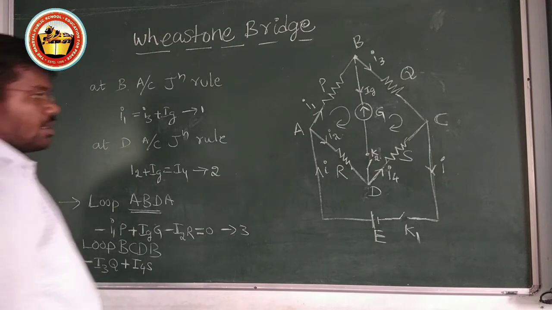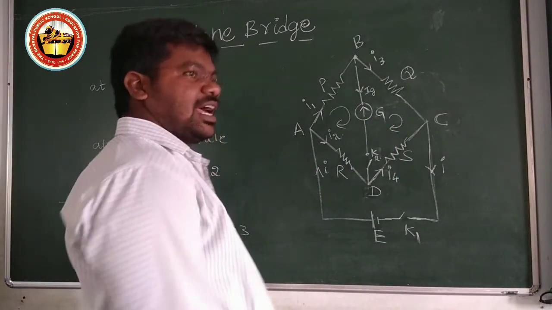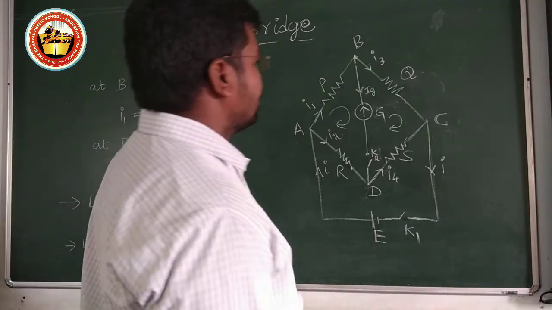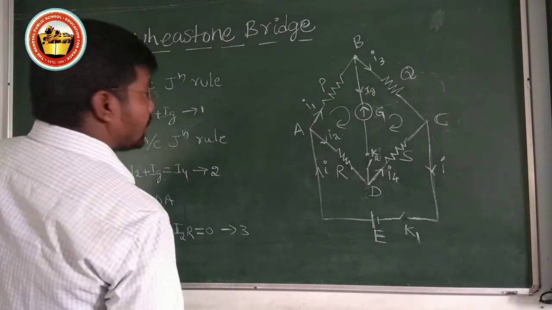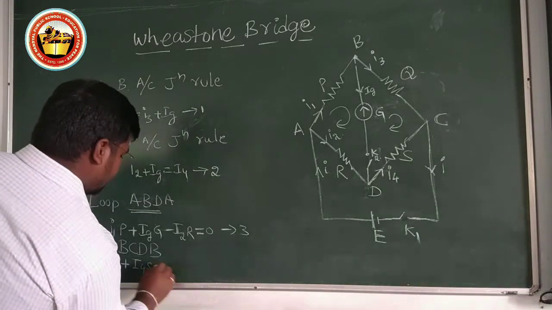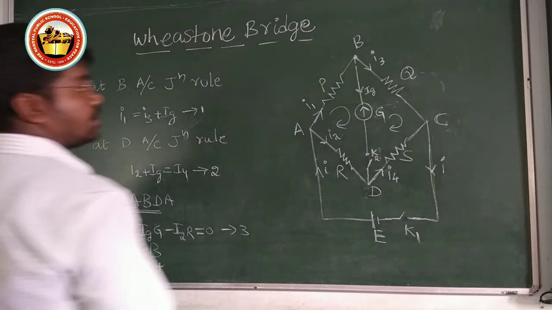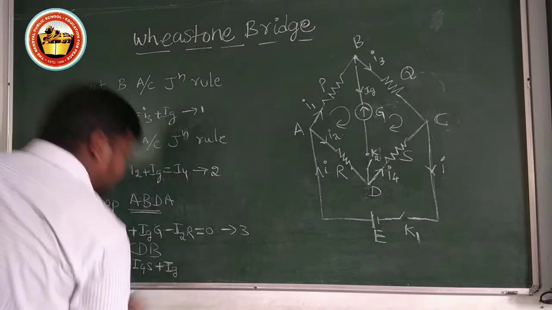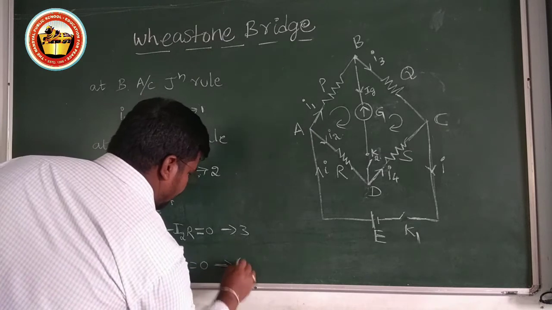Then the remaining galvanometer. The galvanometer has some internal resistance, but in this case we don't take the internal resistance of the galvanometer. So plus Ig into G is equal to 0, equation 4.